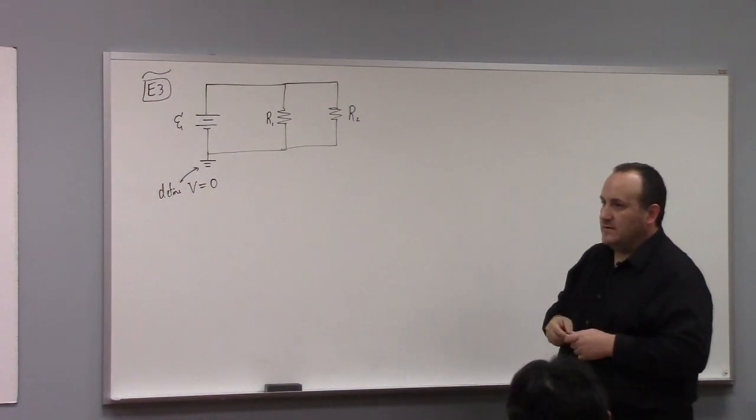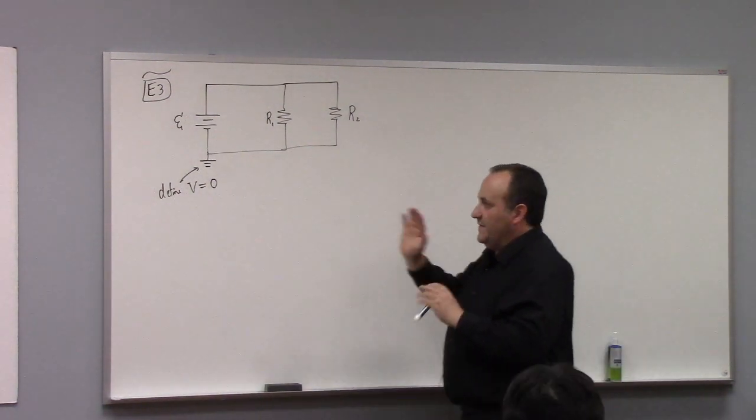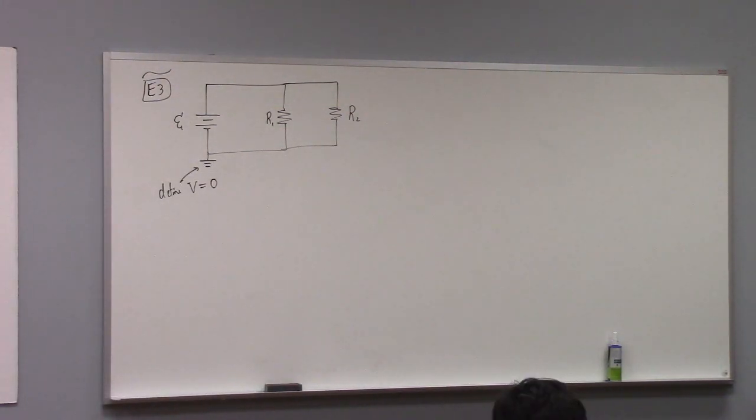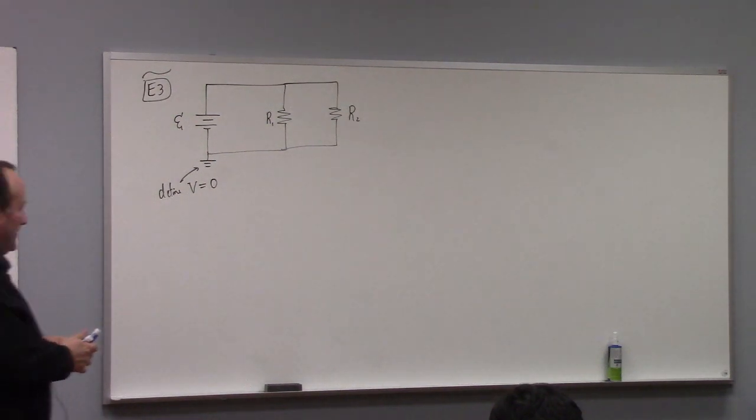And once I've specified where the voltage is 0, and I could specify the voltage is 10 volts or something if I wanted to, whatever, but that would be weird. Most people specify voltage to be 0.